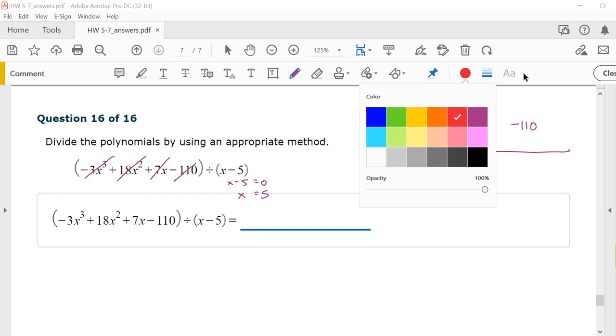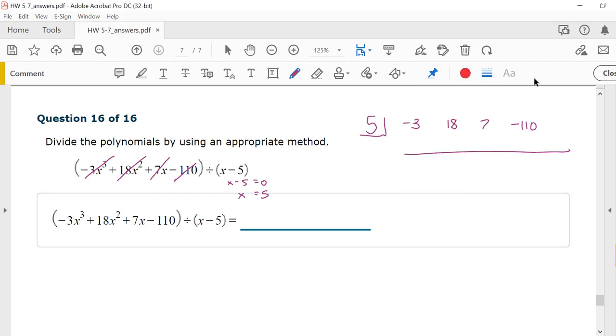Here we go. -3, bring it down. -3 times 5 is -15. 18 minus 15 is 3. 3 times 5 is 15. 7 plus 15 is 22. 22 times 5 is 110. -110 plus 110 is 0.